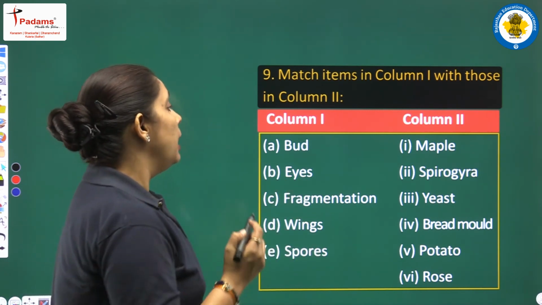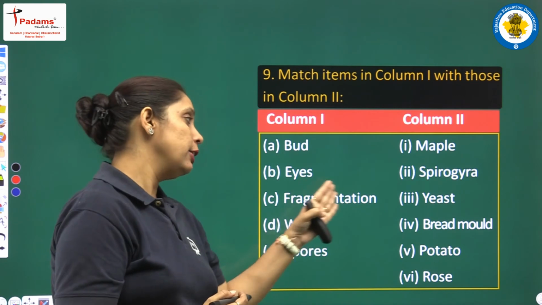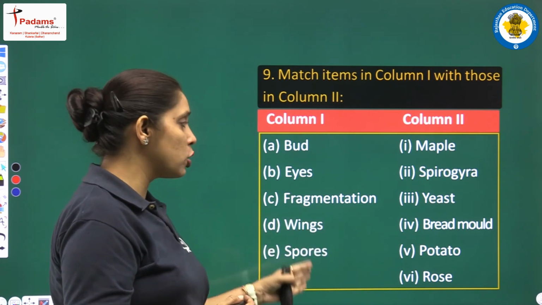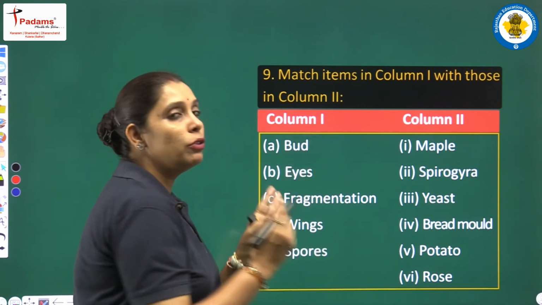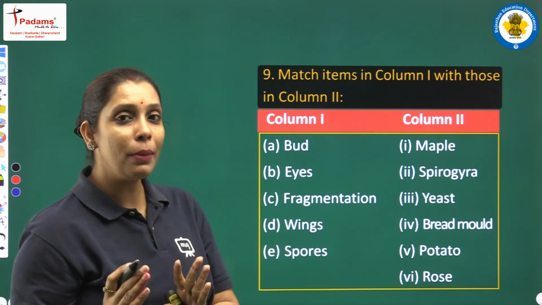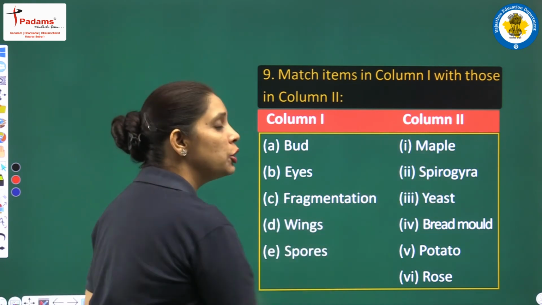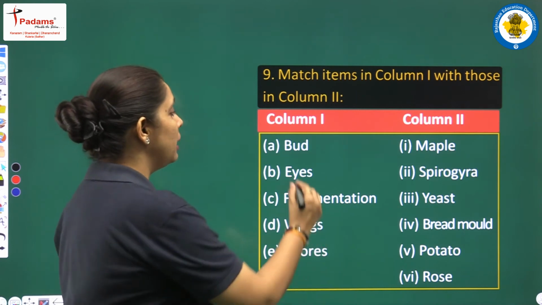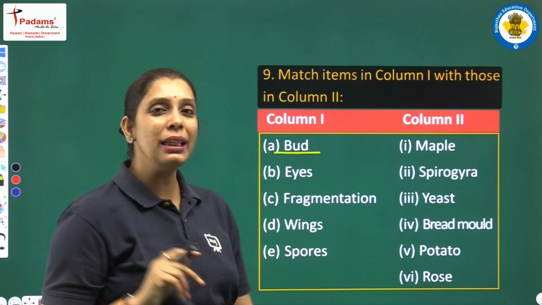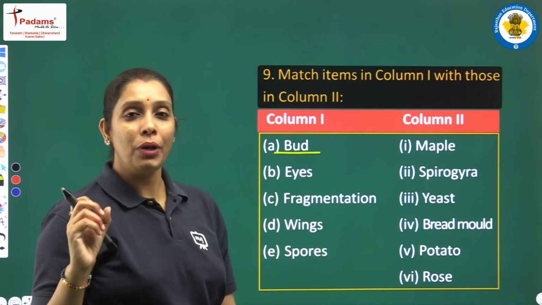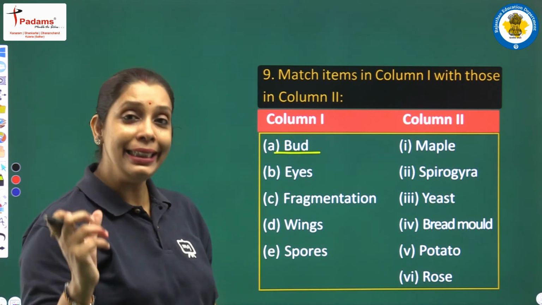Okay, bud, eyes, fragmentation, wings, spores. Read column 1 carefully and try to match it with column number 2. Okay, now bud. In which have you seen the bud? You had seen the bud in yeast, isn't it?